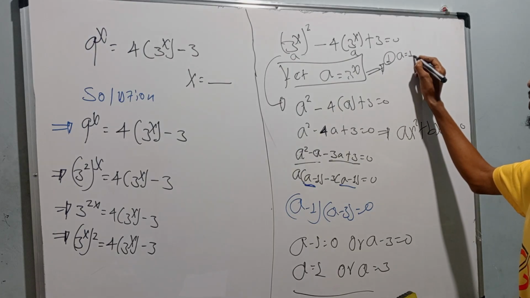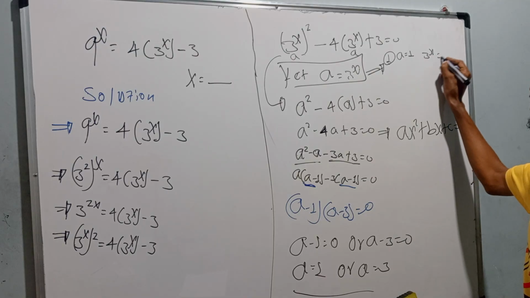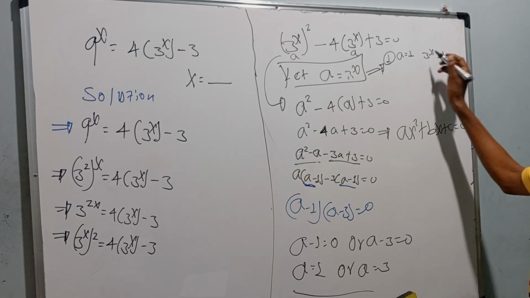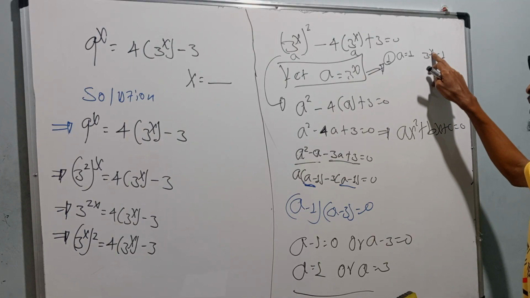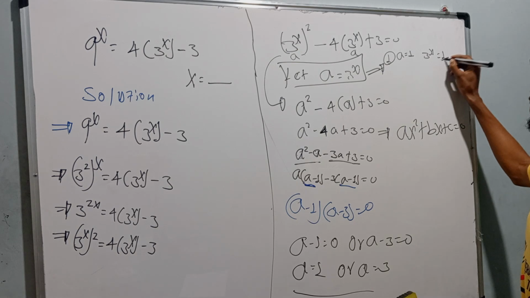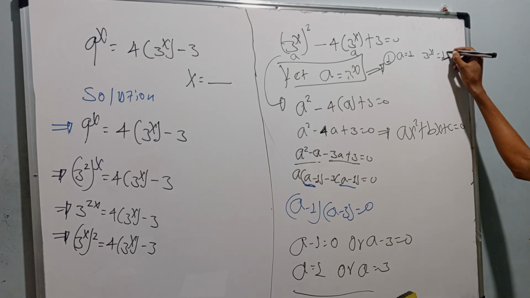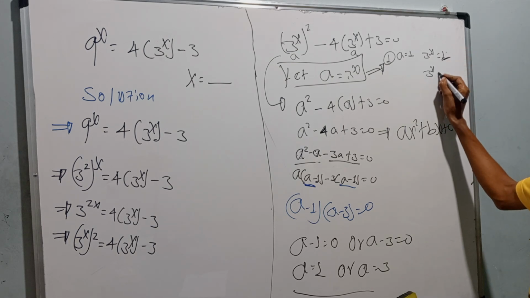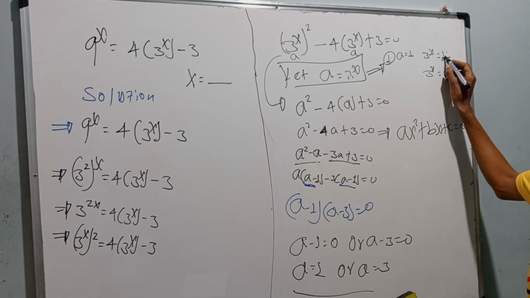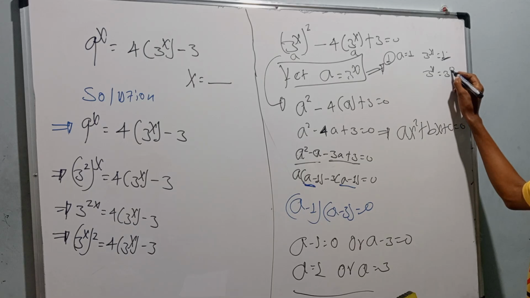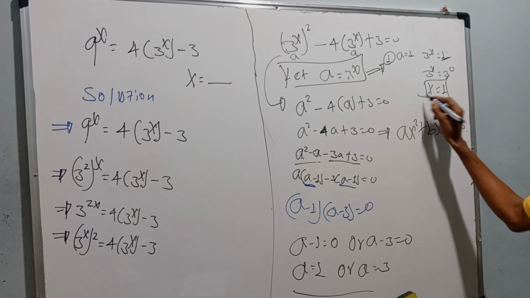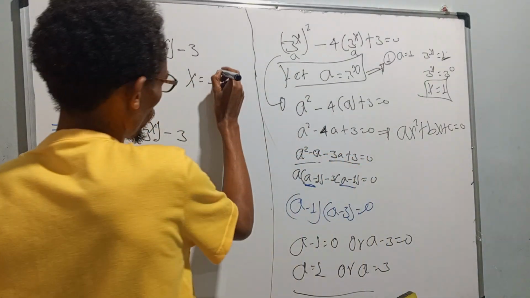So when a is equal to 1, 3 to the power of x is equal to 1. 3 to the power of x is an exponential term. So when we get 1 on the right of the equation, that means 3 to the power of x is equal to 3 to the power of 0. So 1 is equal to 3 to the power of 0. So the value of x becomes 0. The first solution of a is 1.